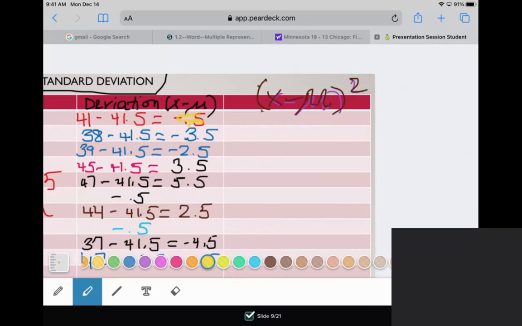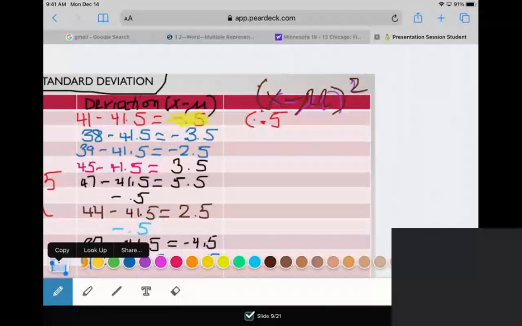Look at the one that you have after you subtract. That is the one that you want to square. So the first one is negative 0.5. So we're going to square that one. Negative 0.5 squared would give you 0.25.